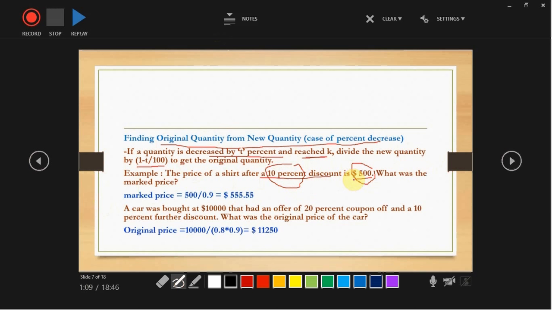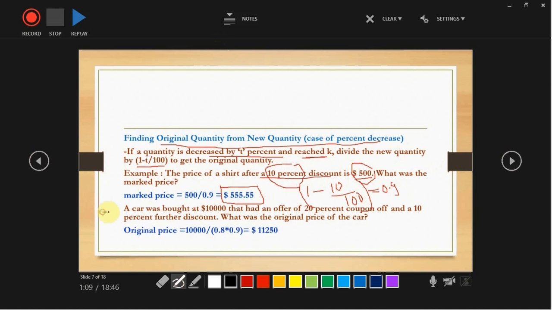To know the original quantity, we divide 500 by 1 minus 10 divided by 100, which is 0.9. So this is $555.55.